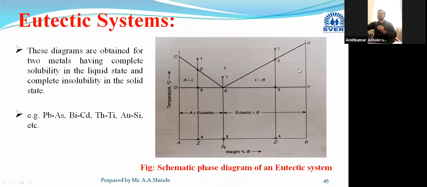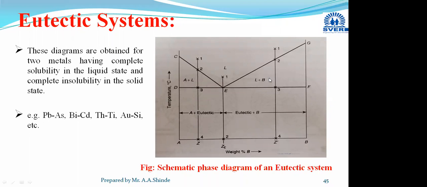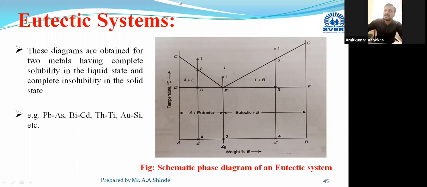This element B, which separates before occurrence of eutectic transformation, is termed proeutectic B, and it has a feathery or dendritic shape. That's why it is mentioned as dendritic proeutectic B.